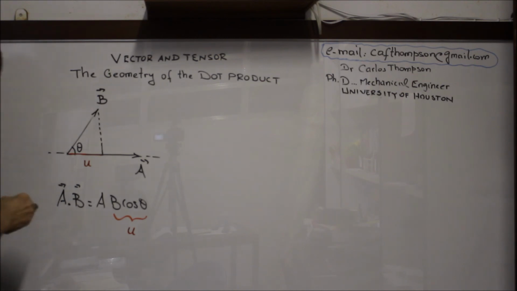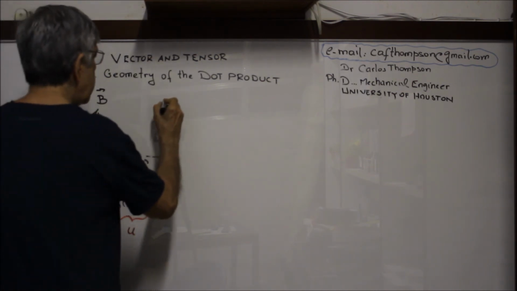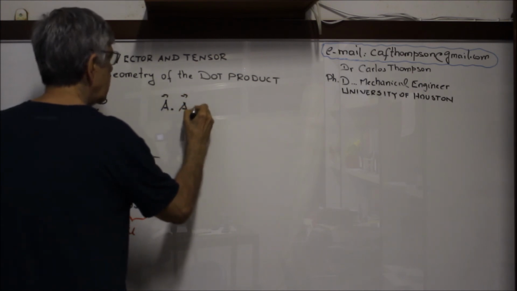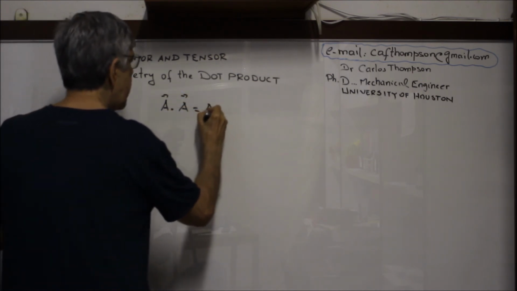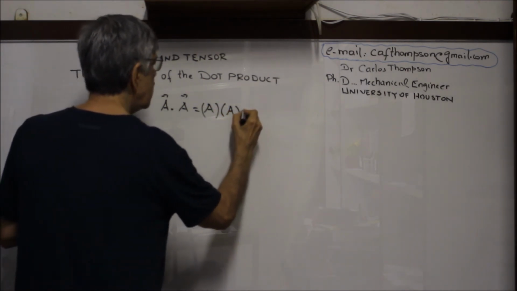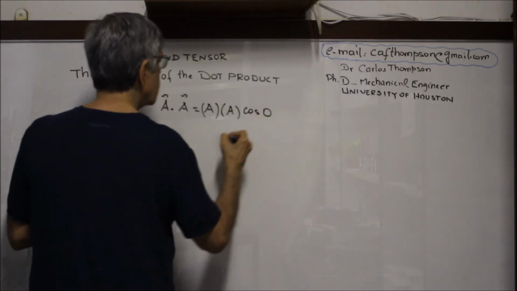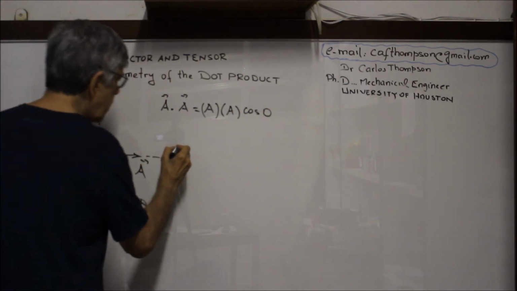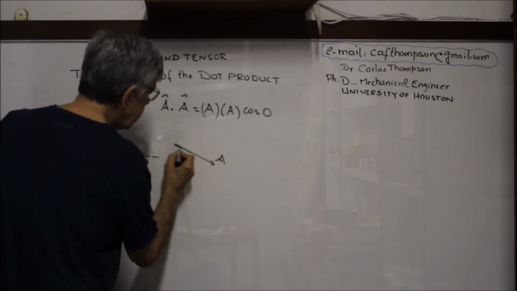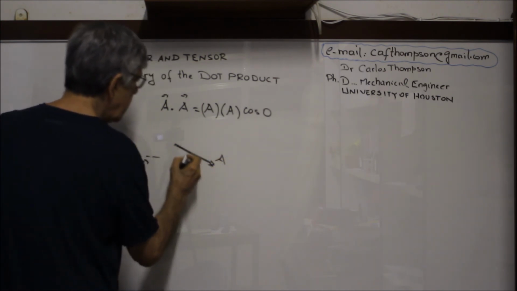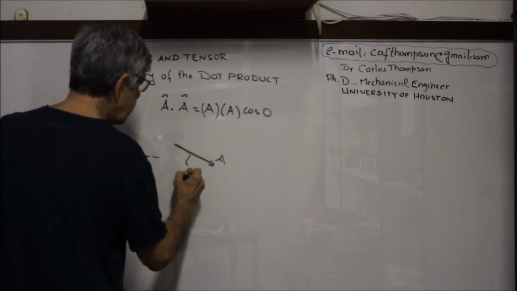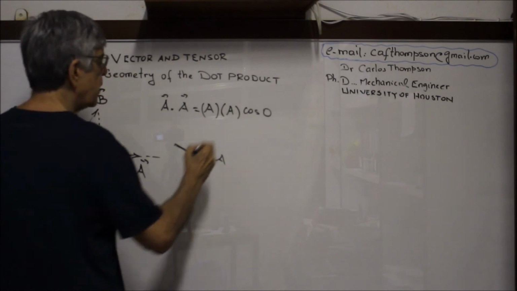Now, there is another property. A dot A is equal to the magnitude of A times the magnitude of A times cosine of 0, because you have vector A and vector A, so the angle theta between these two vectors is 0 degrees.